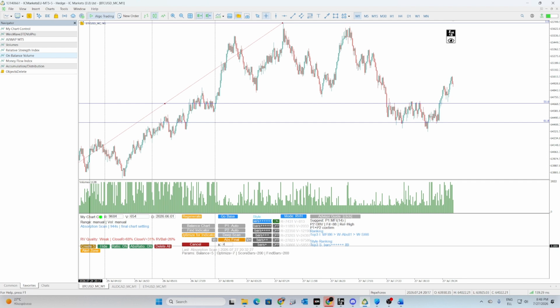If I draw now the rectangles, even though it hasn't finished yet, I will put one on the top, and one on the bottom here, right here where the volumes come in. Okay, look at this, 175, 191. That means that move came down without volumes, and all the volumes showed up here.